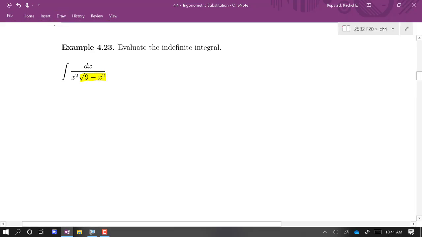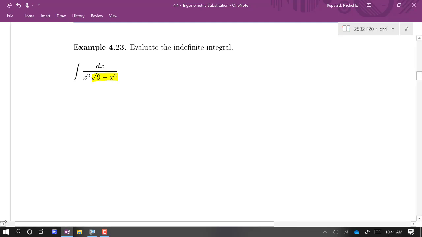I know that I need a substitution. I'm going to need one for the radical. I'm going to use the radical to help me make my triangle. And then I'm going to need to have substitutions for the radical, for x squared, and for dx, right? Because we know that making a substitution is all about accounting. I have to have everything accounted for.